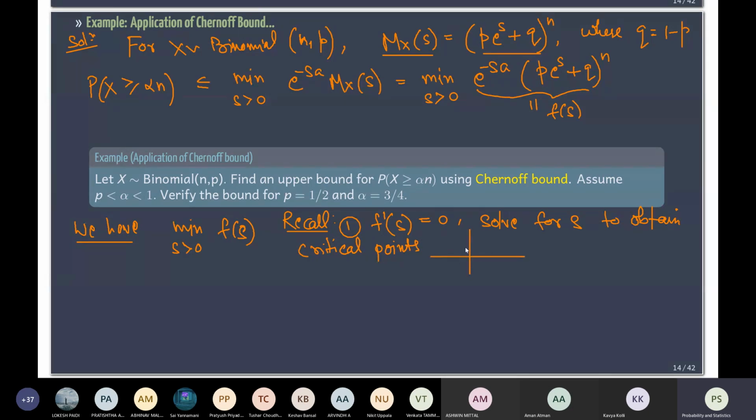The critical points are where the derivative is going to be 0. There could be many such cases, so your function could be like this. The derivative is 0 here, so this is your s1. Here you have s2, here s3, here s4, here s5, and so on.